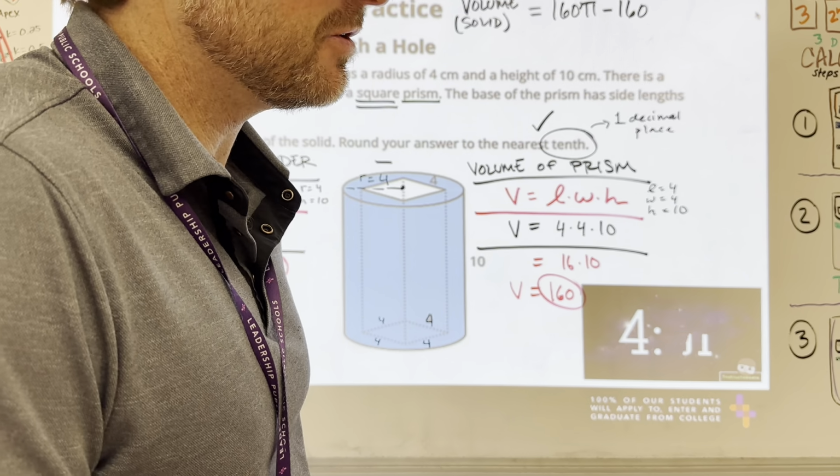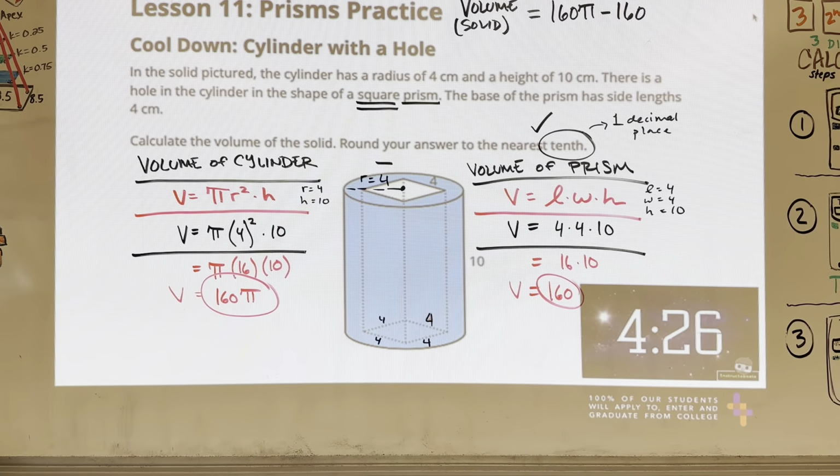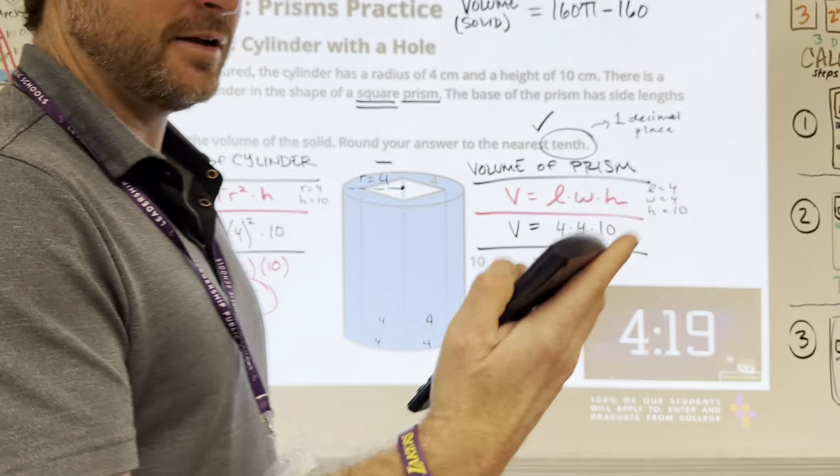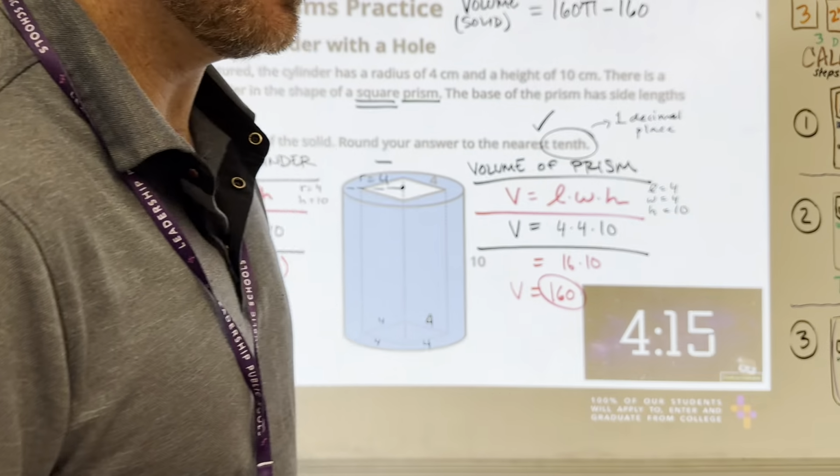But that's silly. So what you want to do is just go to your calculator. Get one of these Texas Instruments TI-30X 2S calculators or any of the other ones.